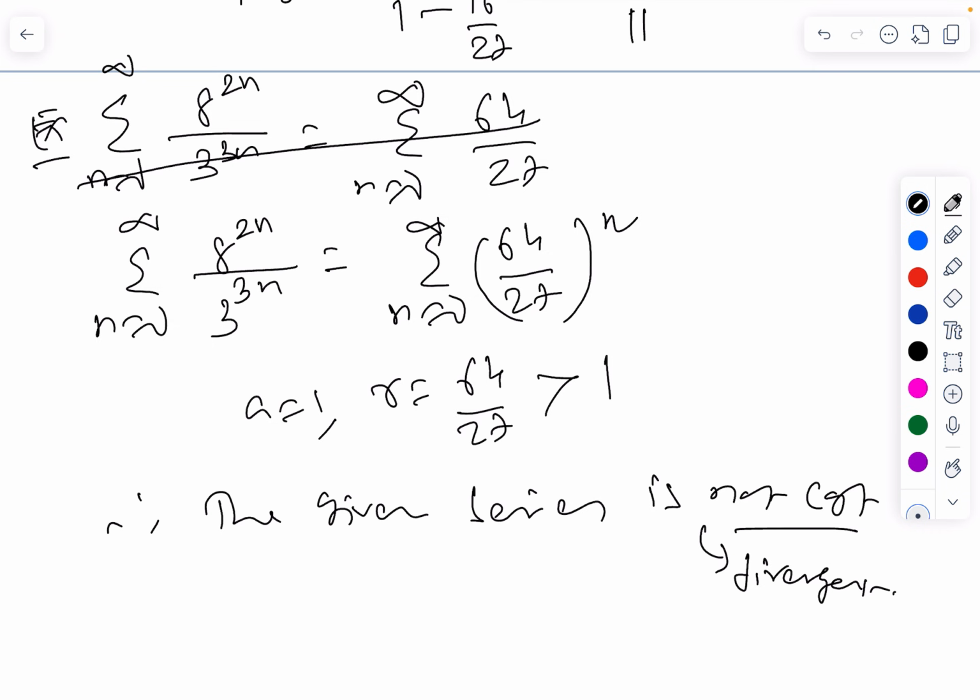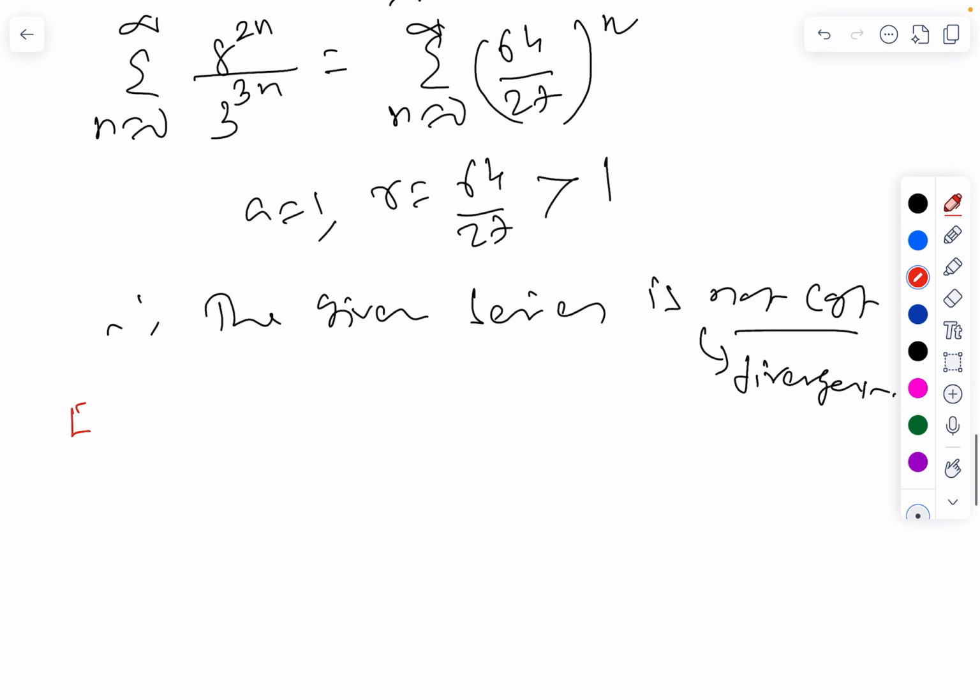Next, let us see like this. Check for the series like 5 minus 10 by 3 plus 20 by 9 minus 40 by 27 and so on. Okay, this is one example.